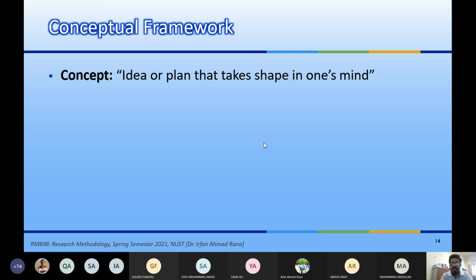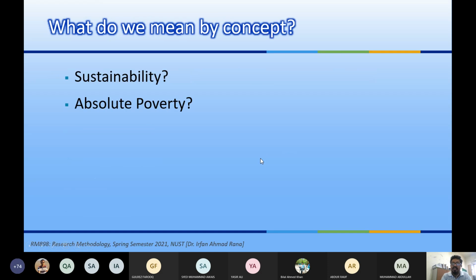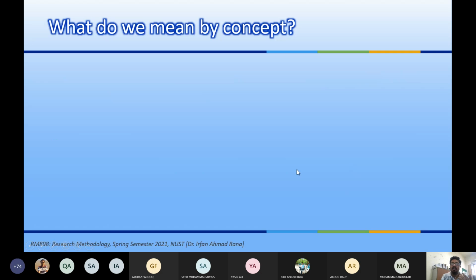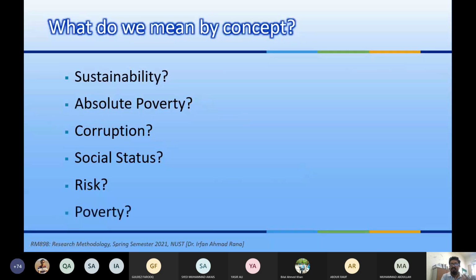So conceptualization is, I will go back to the word. Conceptualization is assigning a definition to the word, understanding or giving a true meaning behind it. Words like sustainability and poverty are very vague terms. So you need to know what you mean by sustainability. Is it institutional? Is it social?